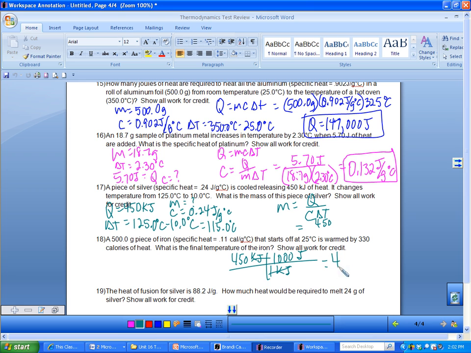So that's 450,000 joules over C, which is 0.24 joules per gram degree Celsius. And my delta T was 115.